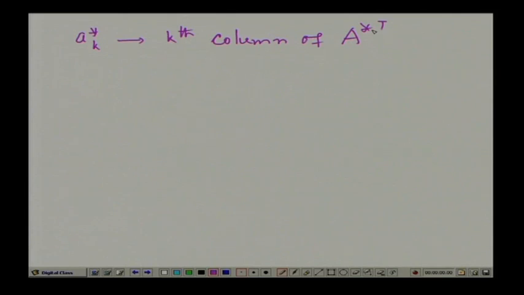Using the same concept, the KLth basis image A K L star was computed as A K star multiplied with A L star transpose.